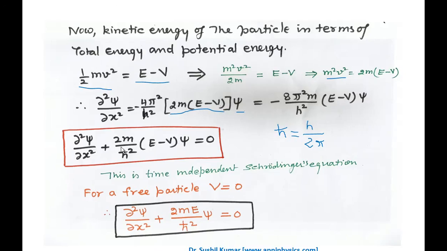So this can be written as del square psi upon del x square plus 2m upon h cross square E minus V psi is equal to 0. So this is our time independent Schrodinger equation.